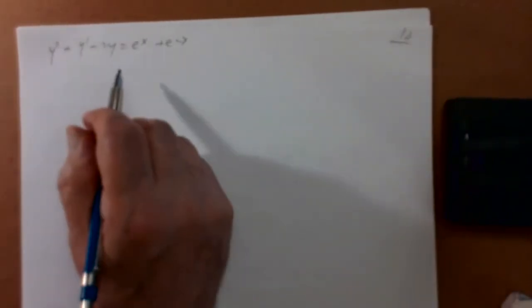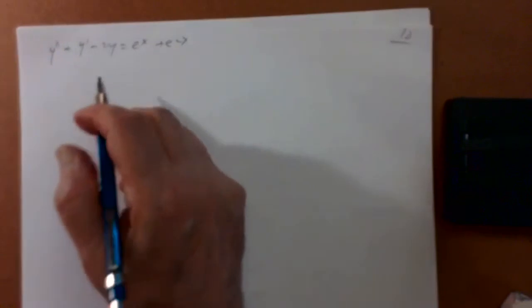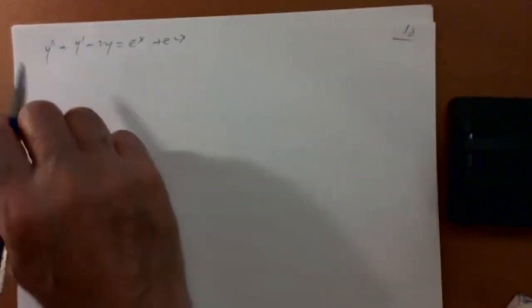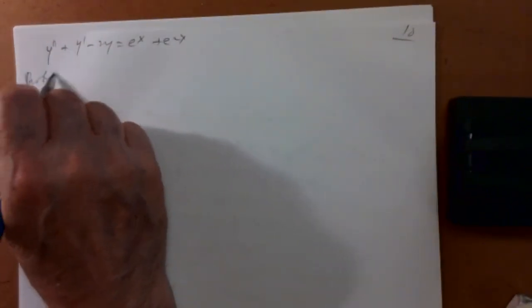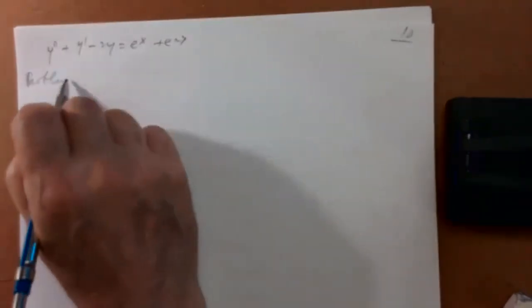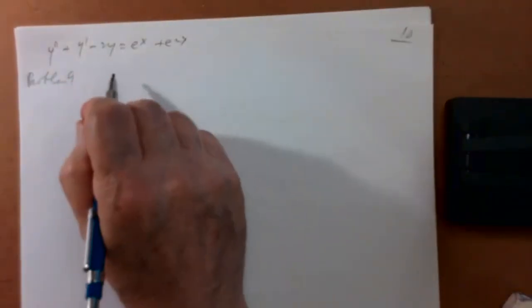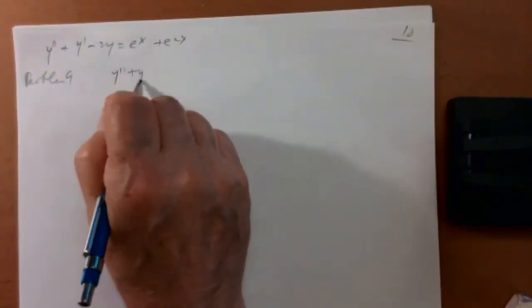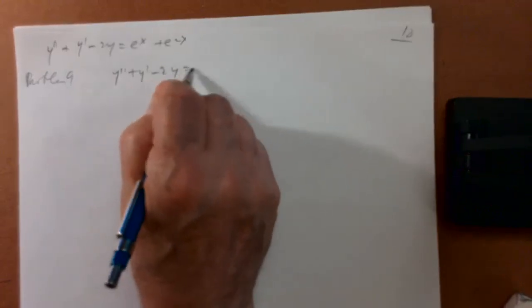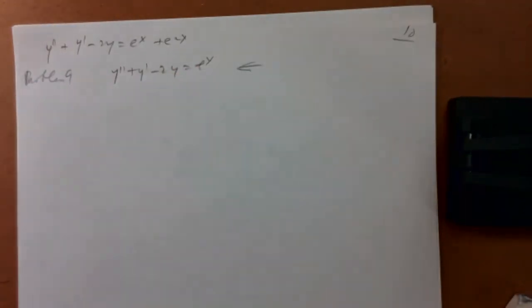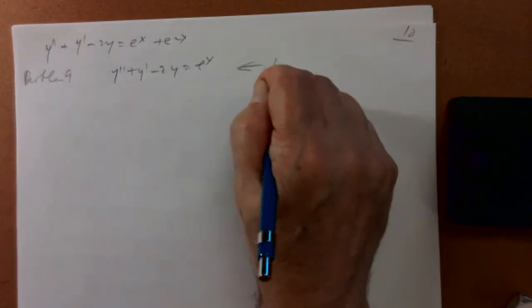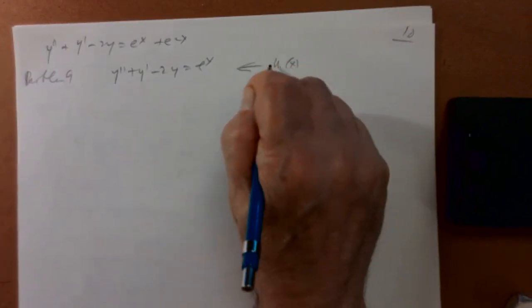I did not assign both problems 9 and 10, but problem 9 was to solve the equation y double prime plus y prime minus 2y equals e to the x. Suppose for that we had a solution, let's say w1 of x.